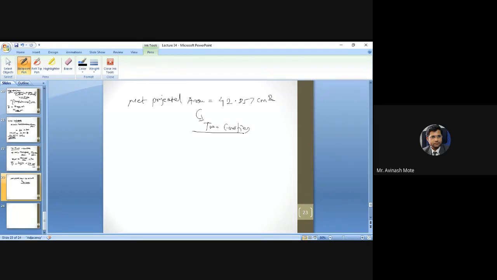Two cavities means we have to split it equally. So the per cavity projected area will be 42.857 divided by 2, which comes out as around 21.4285 centimeter square for a single cavity.